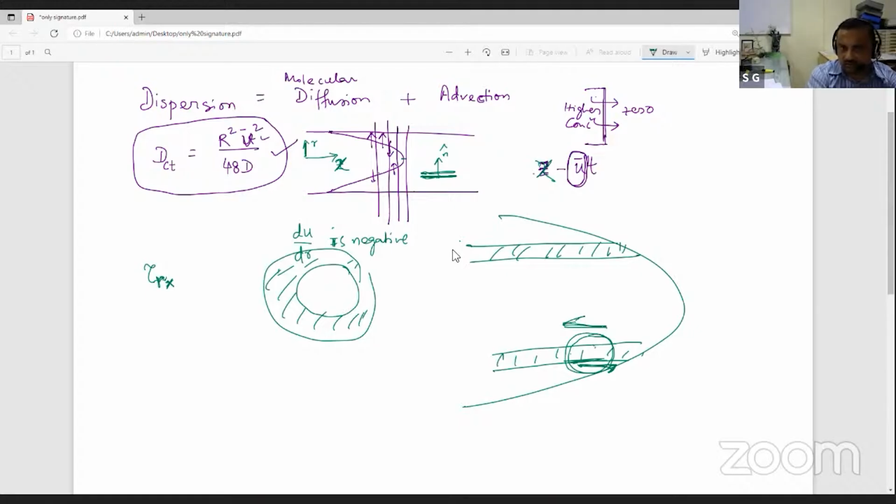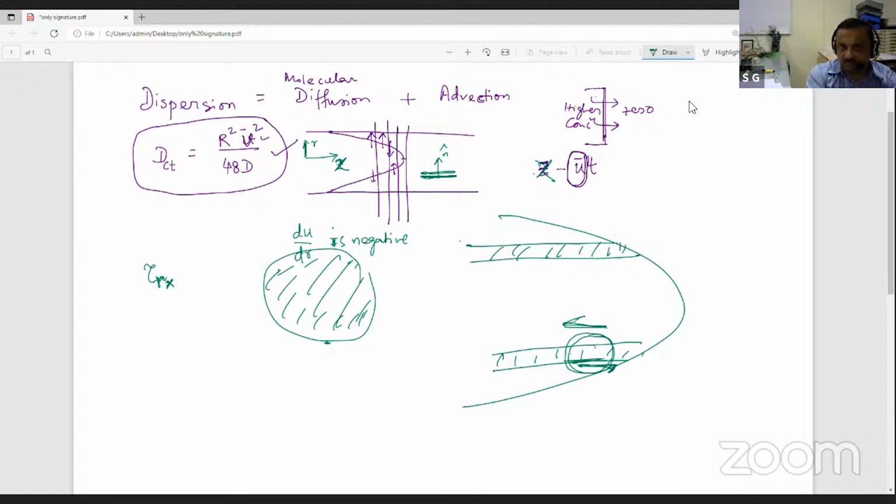One should not confuse this with the situation where I do not consider a ring, rather I consider an entire circular cross section. In some of the books, you may see that this part is not there, so you are looking at a circular cross section. In that case, the tau on this side and the tau on this side will both act in the same direction.